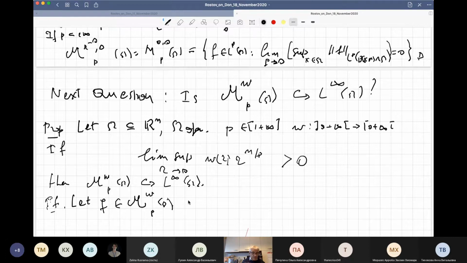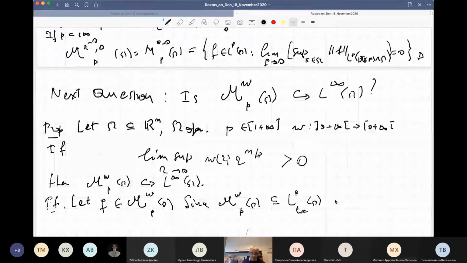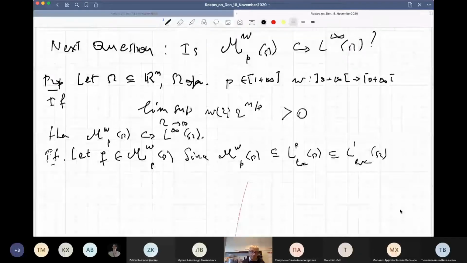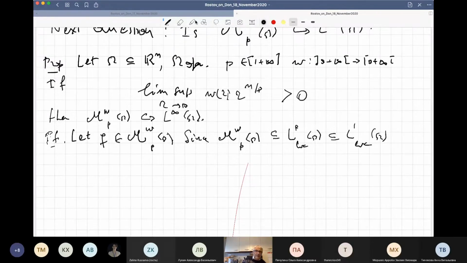And we observe that our MWP omega is, as we already said the other time, contained in L^p loc omega, which is continuously embedded in L^1 loc. As a matter of fact, you have more than this, but this is enough.